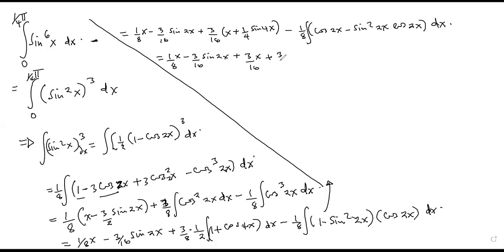It will be 3 over 64 sine 4x, minus, when you integrate this one here, a half will come, so it will be 1 over 16, all right, sine 2x.